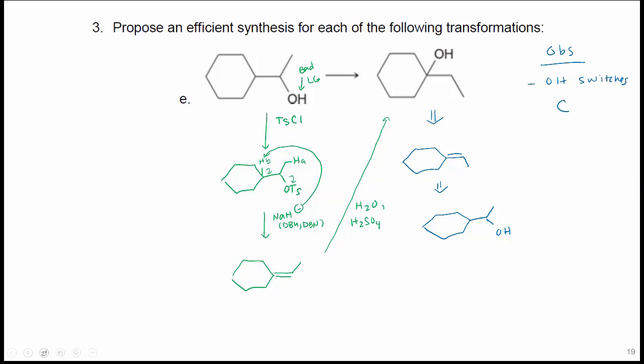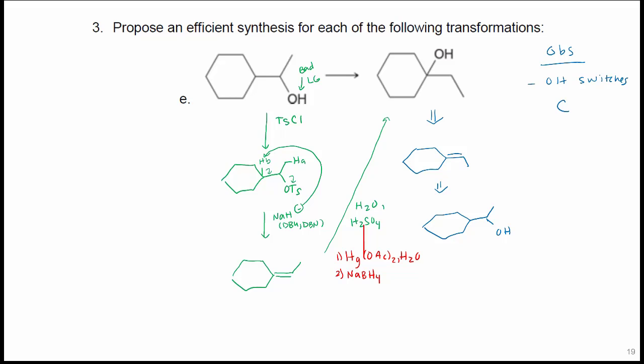If you did have to worry about a rearrangement, you could use instead the mercuric acetate with water, followed by sodium borohydride. All right, questions on that one?